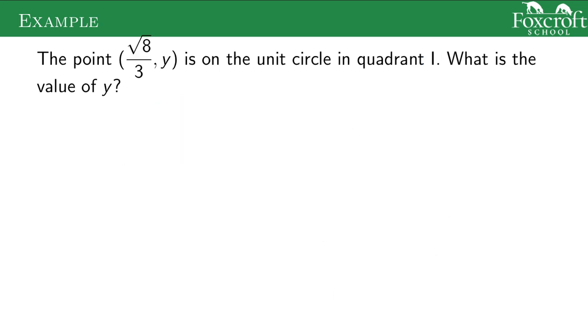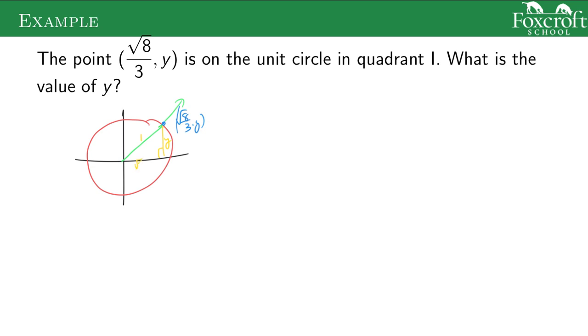All right, so here's another example. We have the same thing, except now we're in quadrant 1. We have our point on the unit circle, square root of 8/3, comma y. But it's going to do the same thing. We're going to draw this line straight down to create a right triangle. Hypotenuse is always going to be 1 because it's a unit circle. The height is y.